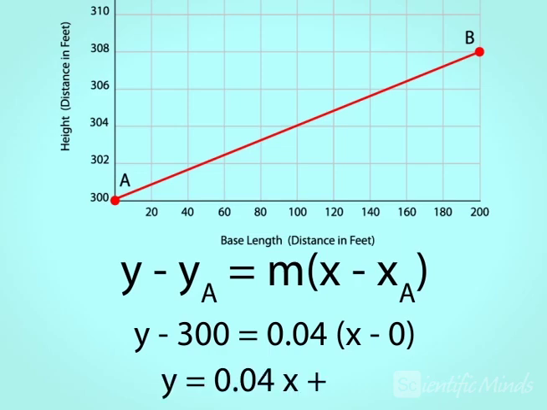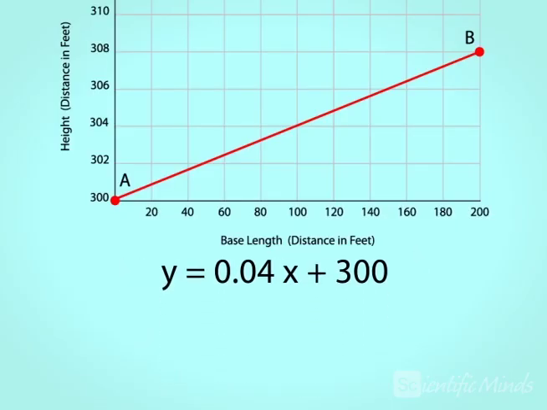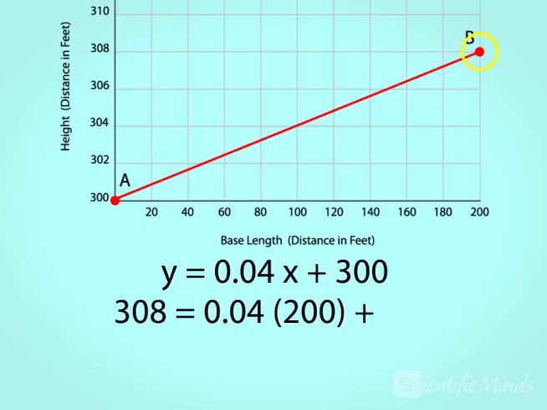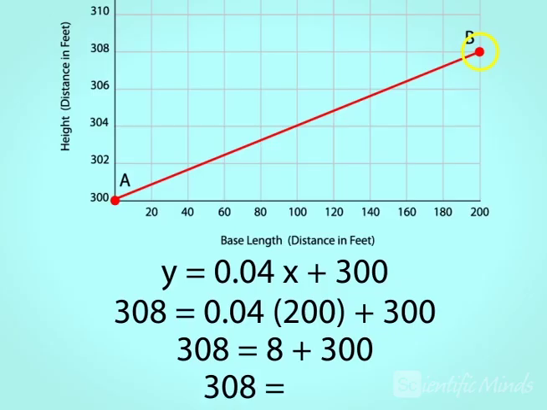So we plug that in for m. This gives us an equation in slope-intercept form that we can use to find any point on the incline. Let's check our equation by plugging in the coordinates of point B at the top of the incline. Because the two sides of the equation are equal, we know that our equation is correct.